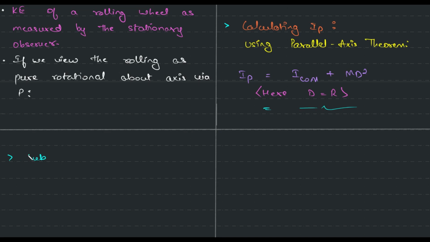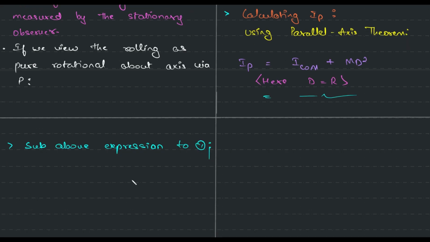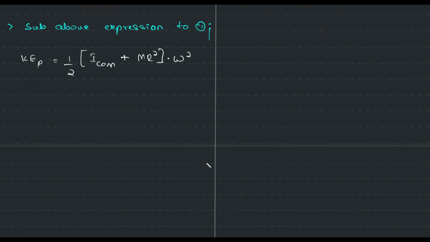Substituting the above expression into equation 1, we have the kinetic energy at point P is equal to half I plus m r square times omega square, right? So if we expand it, we almost have the answer.